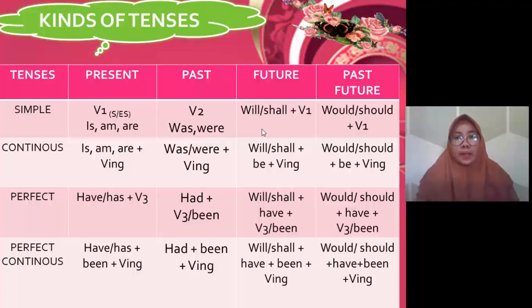Okay, but here I'll divide it into some parts: this one for the present part, and then the past part, and then the future part, and then the past future, and then for all of the kinds of simple tense here, continuous here, perfect here, and then perfect continuous here.